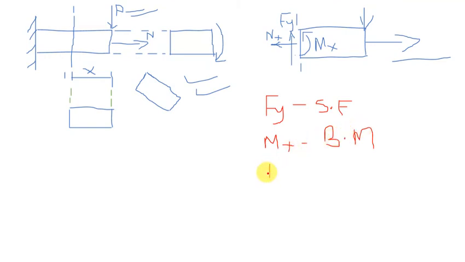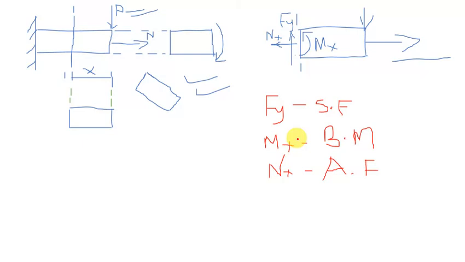Then of course the force which you really need to stop this member from moving in the lateral direction is called the axial force. That is the axial force. So ladies and gentlemen, this is the famous bending moment, this is the famous shear force, and this is the famous axial force.